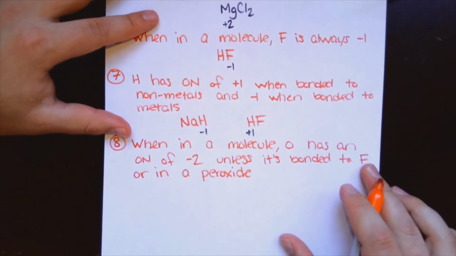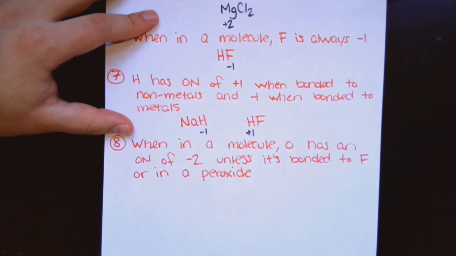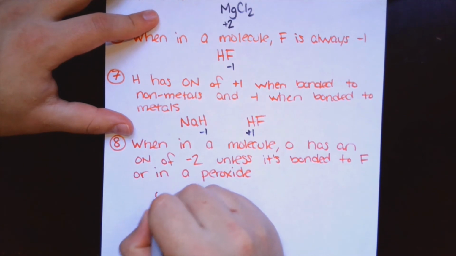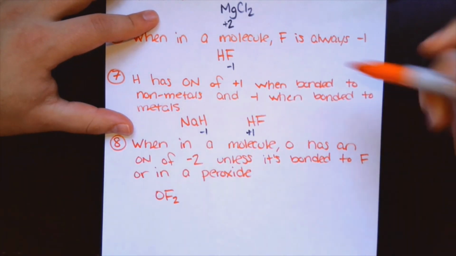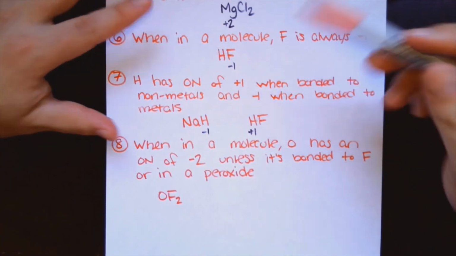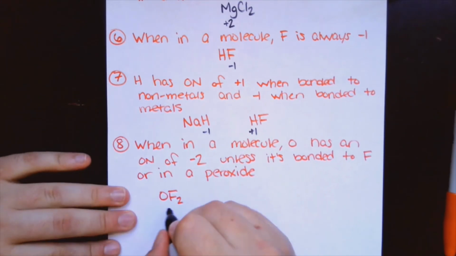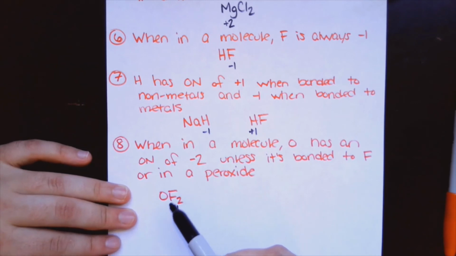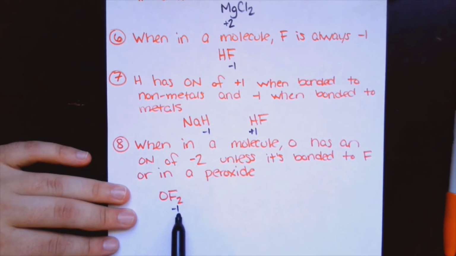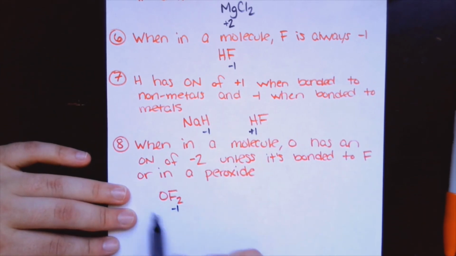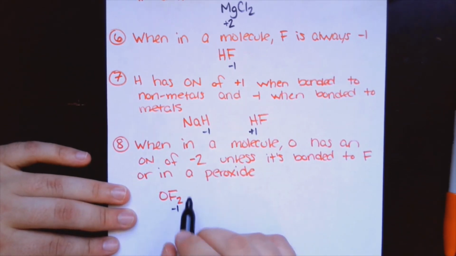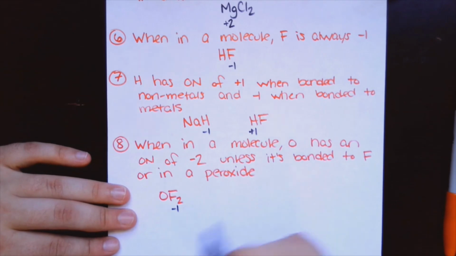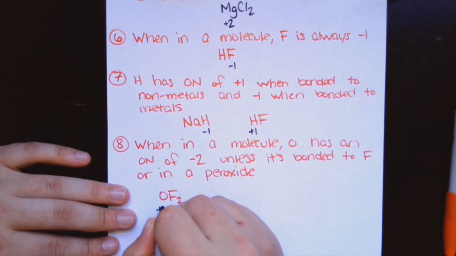Right? So if oxygen is bonded directly to fluorine, so let's say, for instance, we have OF2. Fluorine's rule supersedes oxygen, so fluorine would have to be -1 here, and there's 2 of them, so there's no charge on this molecule, meaning that it has to add up to 0. So the 2 fluorines, each with an oxidation number of -1, that gives us -2, which means to cancel that out and give us a total sum of 0, the oxygen here would have to be +2.